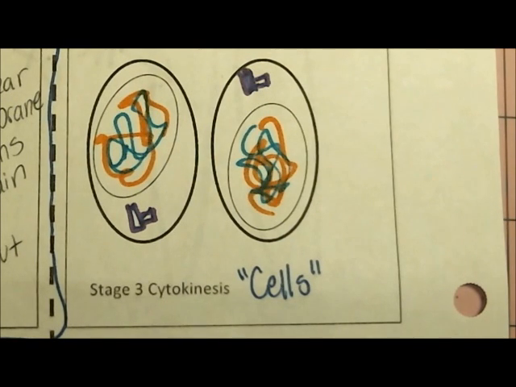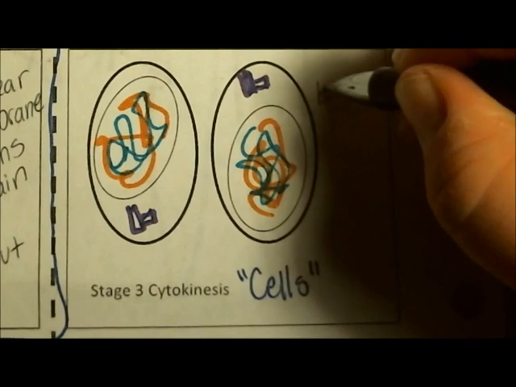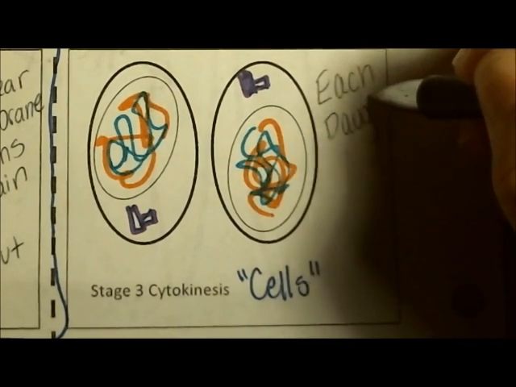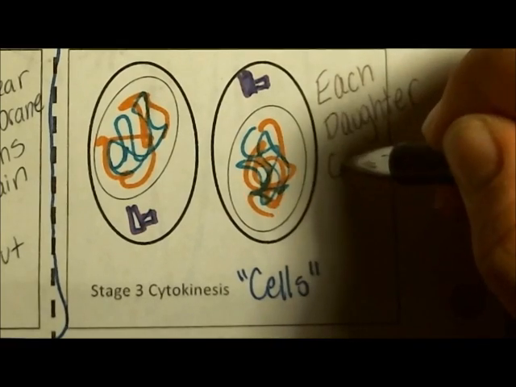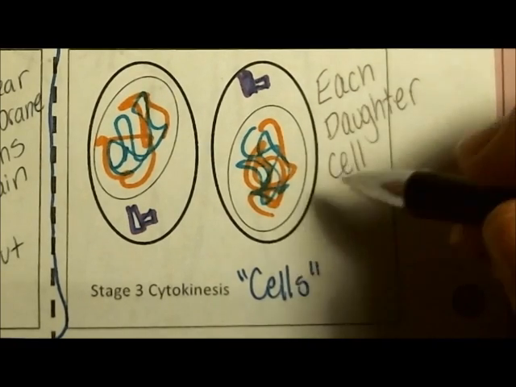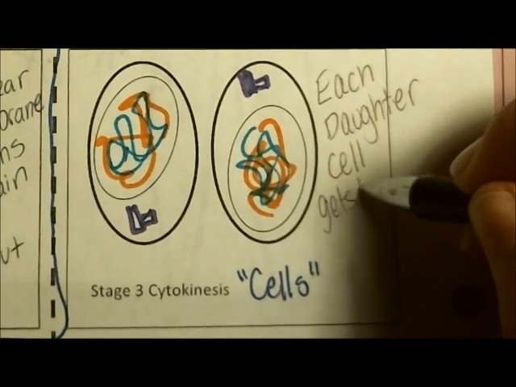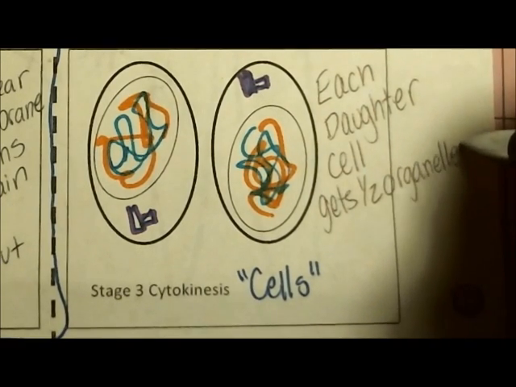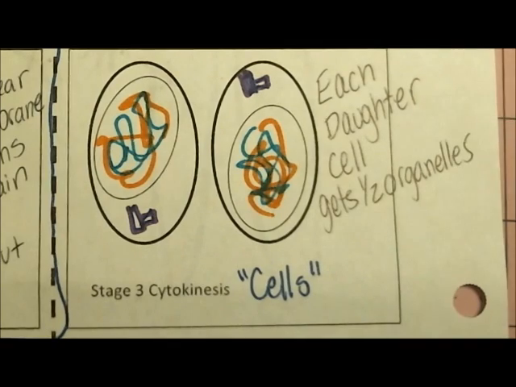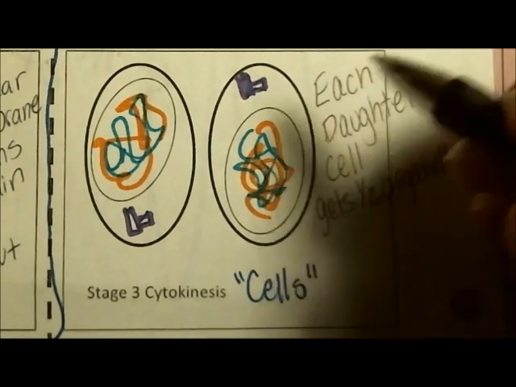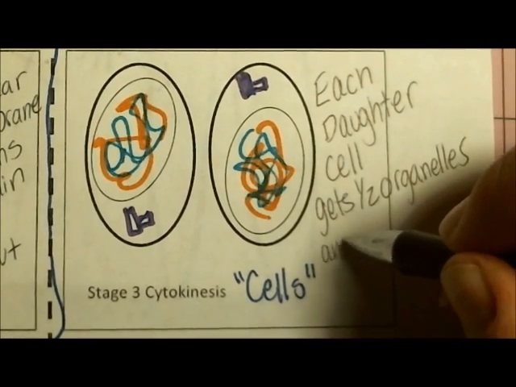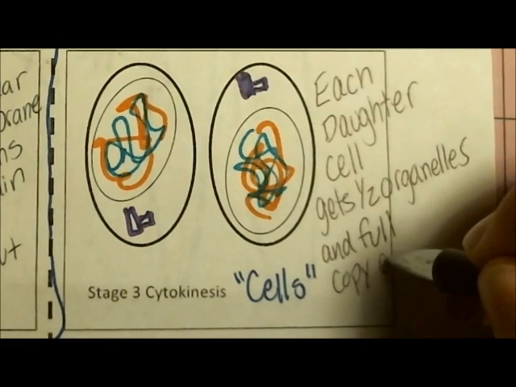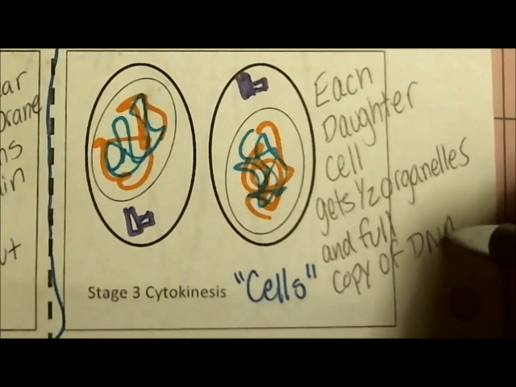But it does have all the information the new cells are going to need. We call those new cells daughter cells. So they get half the organelles, but all of the DNA. It's a full copy of the instructions, the DNA.